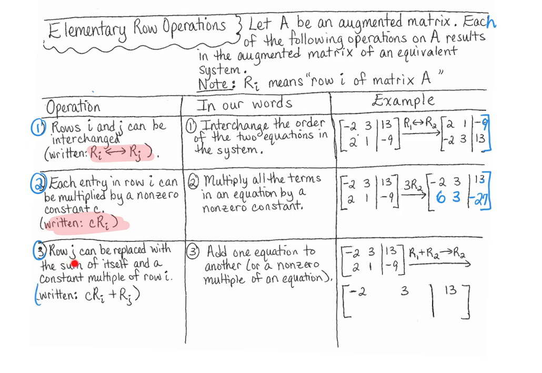The last elementary row operation says that row J can be replaced with the sum of itself and a constant multiple of row I. What does that mean? That means that we can take a row, multiply it by a constant, and add it to another row. That means we can add one equation to another, or a non-zero multiple of an equation.